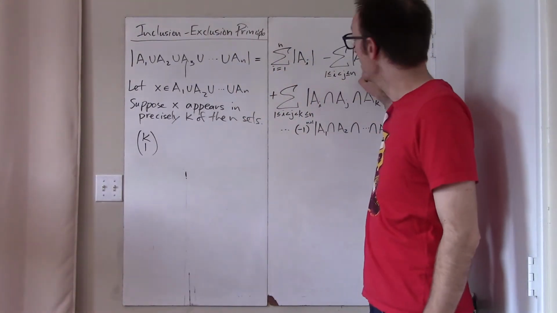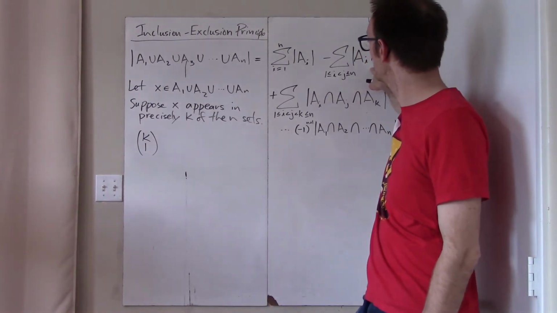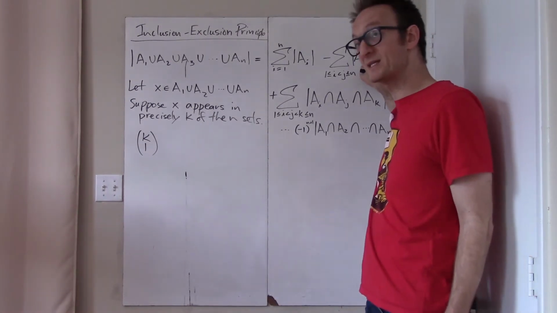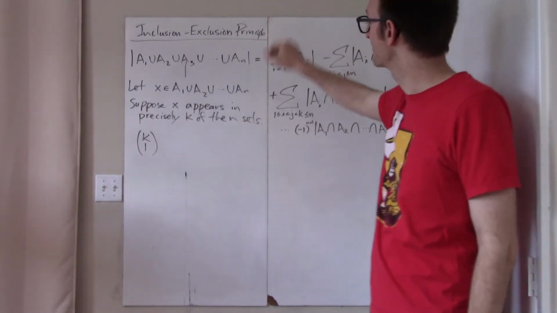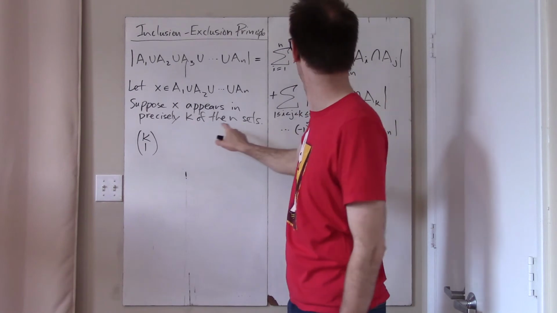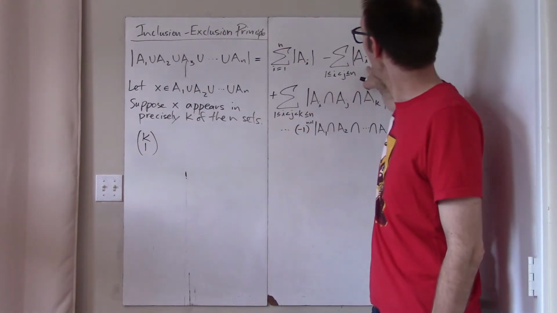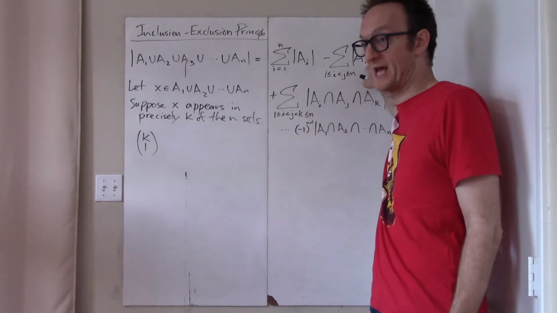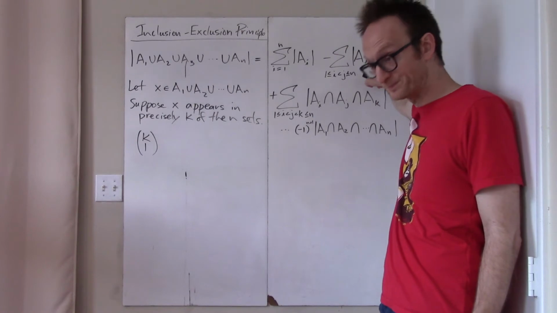But then, if x appears in precisely k of the n sets, here we're taking every possible pair of sets. Okay, so now we have to say to ourselves, all right, if x appears in k of these sets, and we are now taking every possible pair of sets, well then, how many times does x get counted?